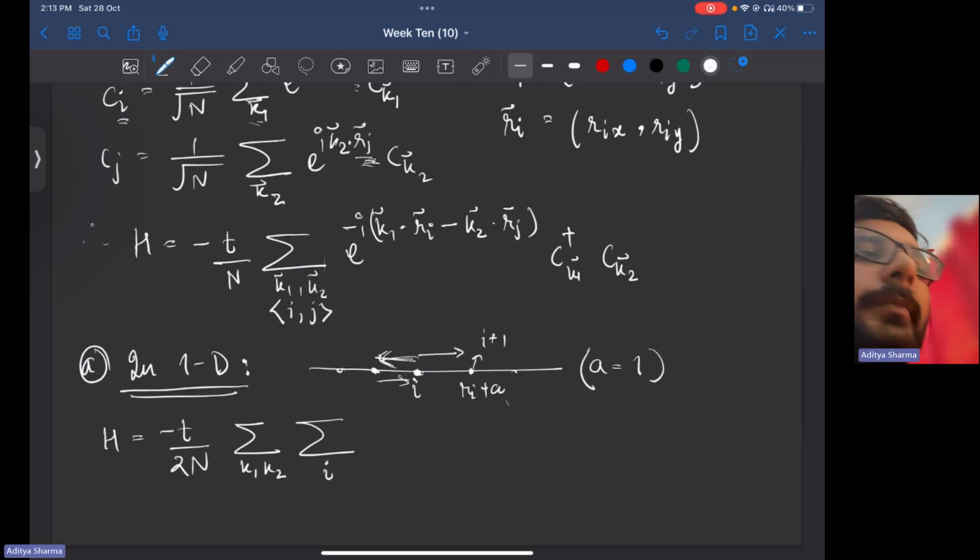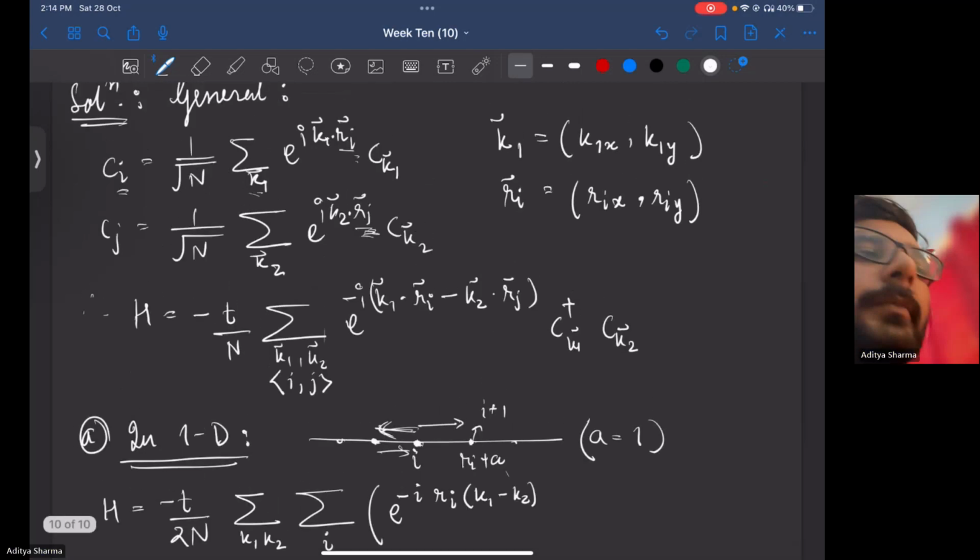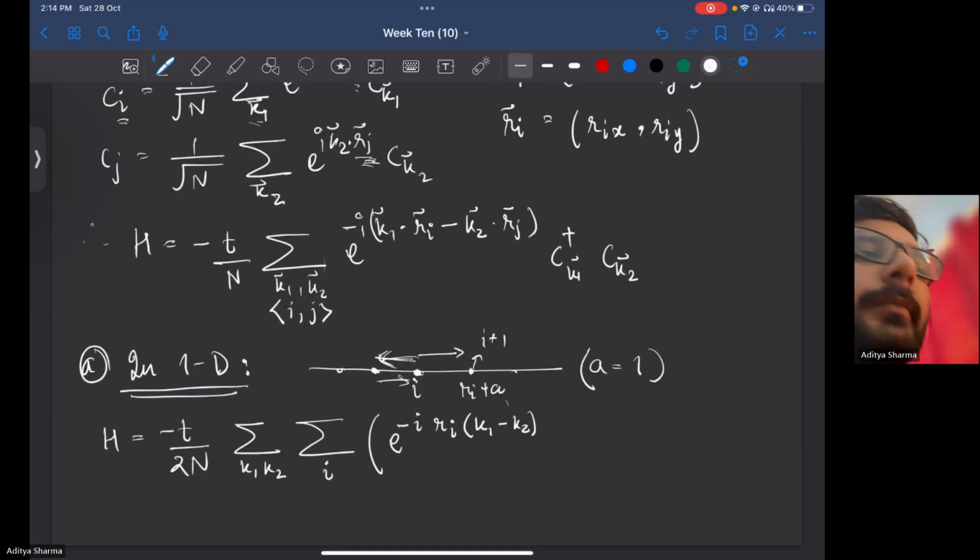So you're going to have this, and the first term will give you Ri (k1 minus k2). Okay. The first term is this, so Ri is the same. j is Ri plus a.